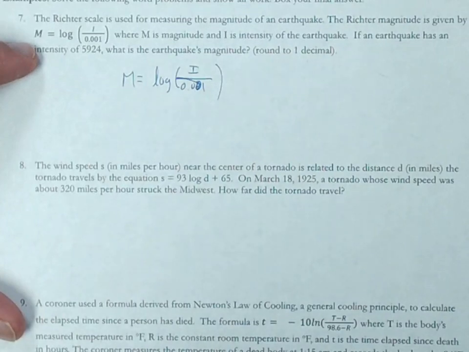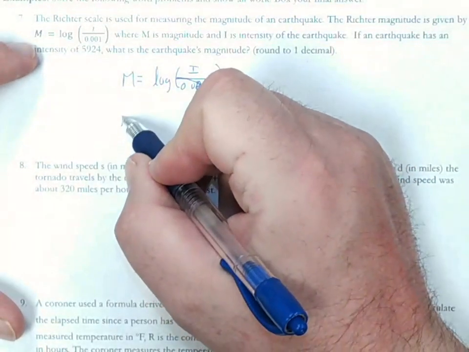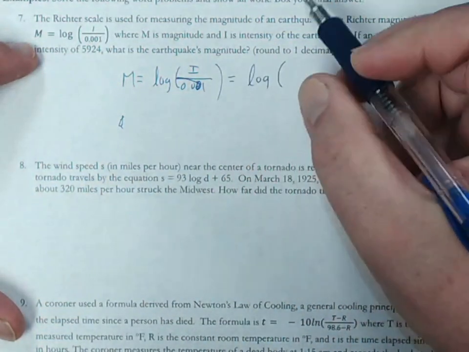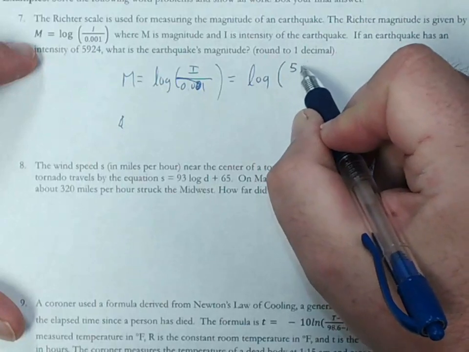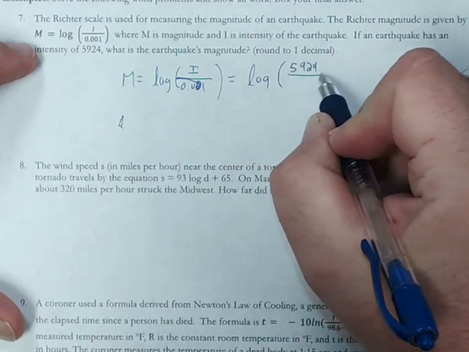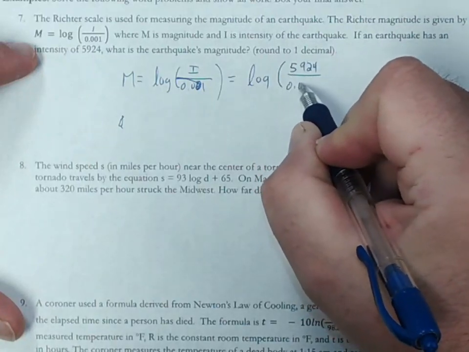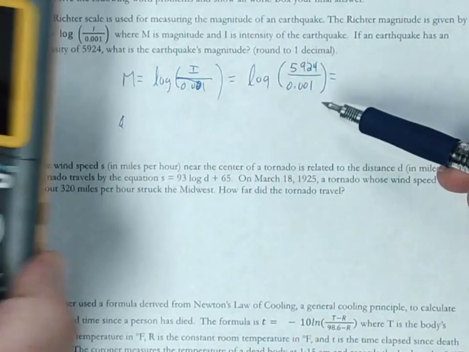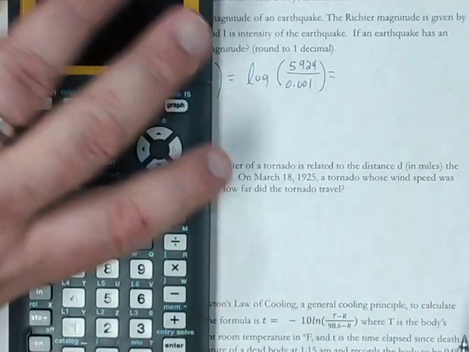I don't know, 5,924 watts, I don't know. We'll just call it units. So this will equal the log of 5,924 over 0.001. And what's great is I can type this right into the calculator.